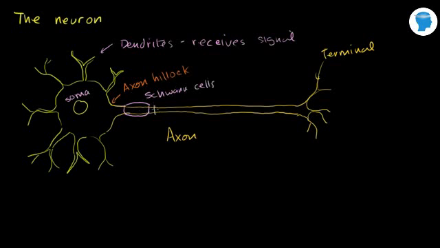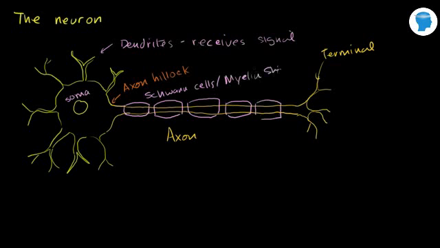And they make up the myelin sheath. So this covering, this insulation at different intervals around the axon, this is called the myelin sheath. So Schwann cells make up the myelin sheath. I'll do one more just like that. So I'll say Schwann cells or myelin sheath.